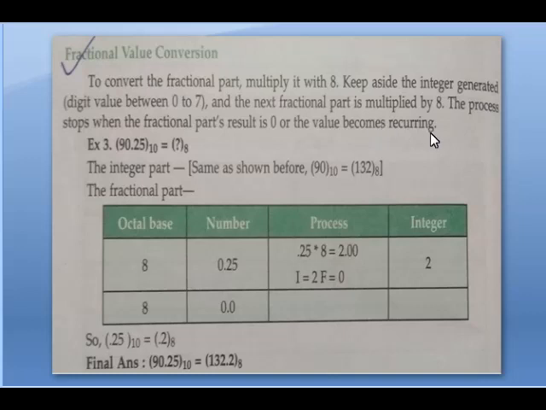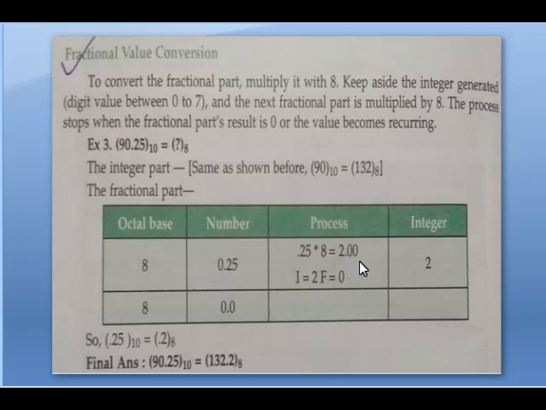So here one example is 90.25. For 90, you already know how to find it: for the integer part we divide the number by 8. So how will you convert this fractional part? 0.25 into 8. The answer is 2.00. The integer part is 2 and the fractional part is 0.